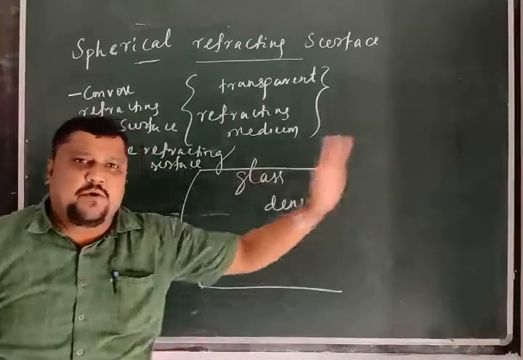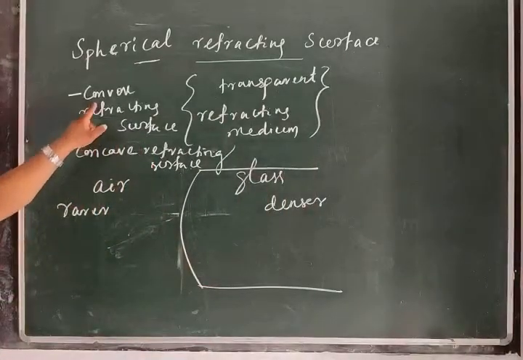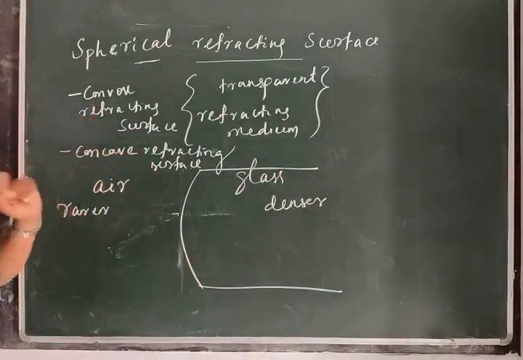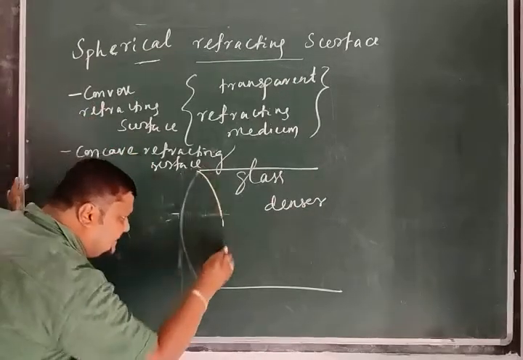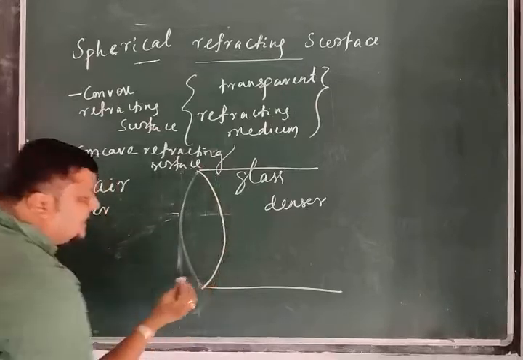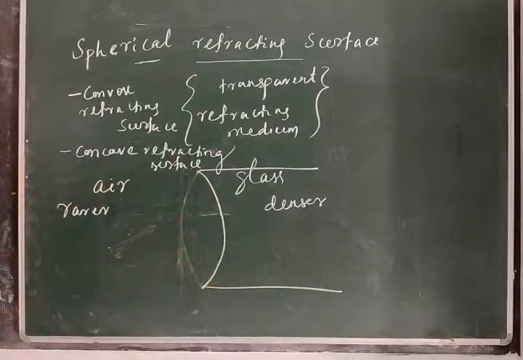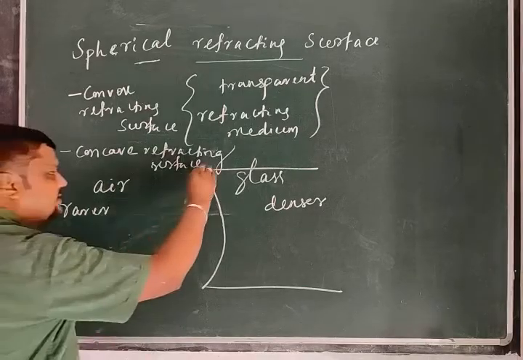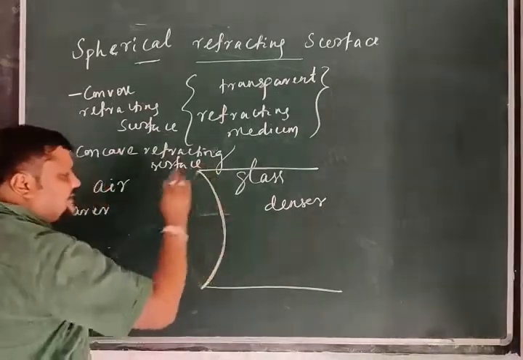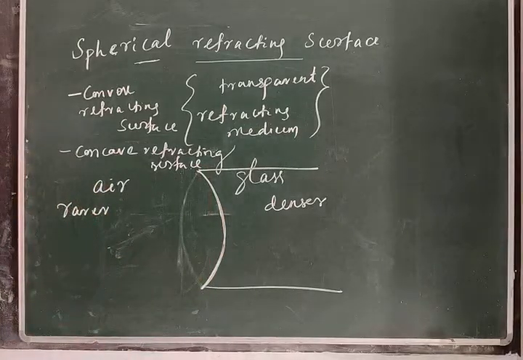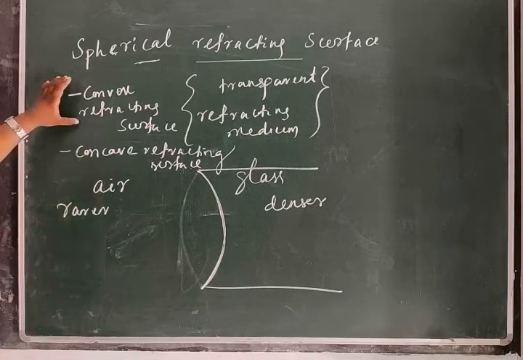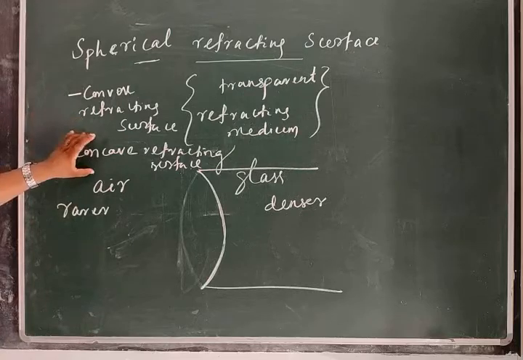So this is a convex refracting surface. A concave refracting surface is drawn like this. This is your concave refracting surface, because it appears concave from the rarer side. Clear? So this is about the convex and concave refracting surfaces.